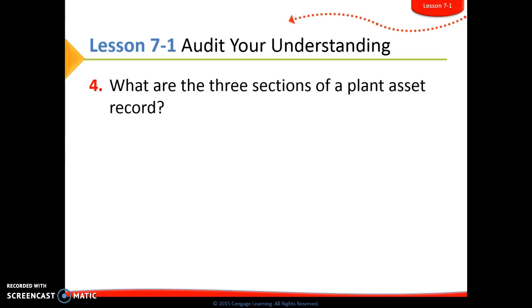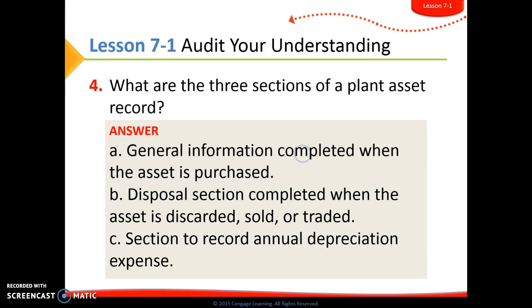Number 4, what are the 3 sections of a plant asset record? First is general information that we complete when the asset is purchased. The second section is the disposal section, completed when the asset is discarded, sold, or traded. And then the third section is used to record annual depreciation expense.